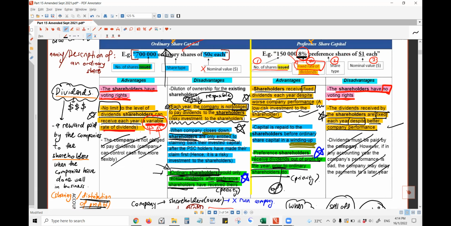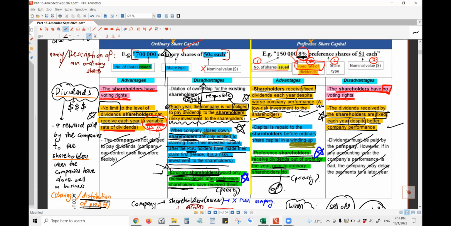They are only entitled to claiming back their invested capital after the preference shareholder, PSC is preference shareholder, would have made their claim first. Therefore it is a disadvantage to the ordinary shareholder. What if there's no money left after preference shareholders have gotten their money back? Then ordinary shareholders would have lost their money. So it's a risky investment to be an ordinary shareholder.